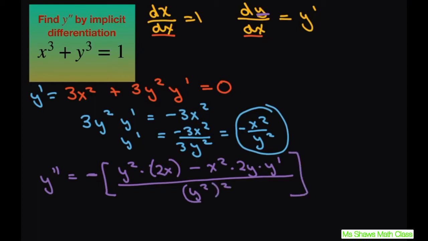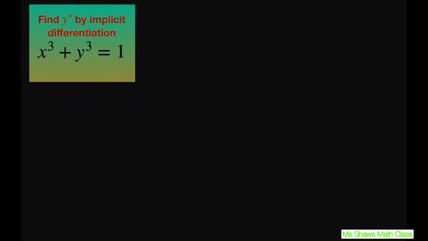Okay, on the next step, all I'm going to do is substitute in my y prime. So my y prime equals this, and I'm going to plug that in. I'm also going to clean up the numerator a little bit.